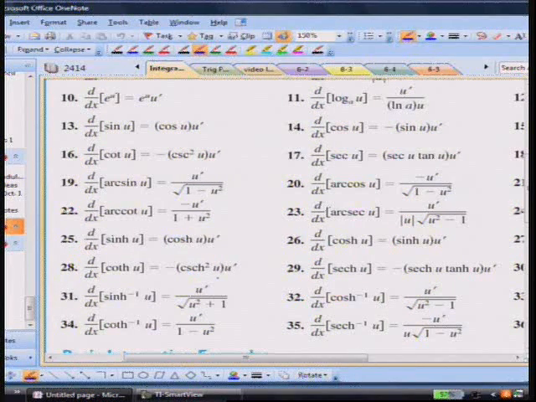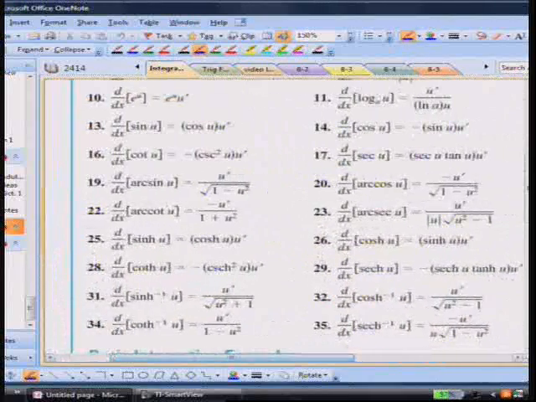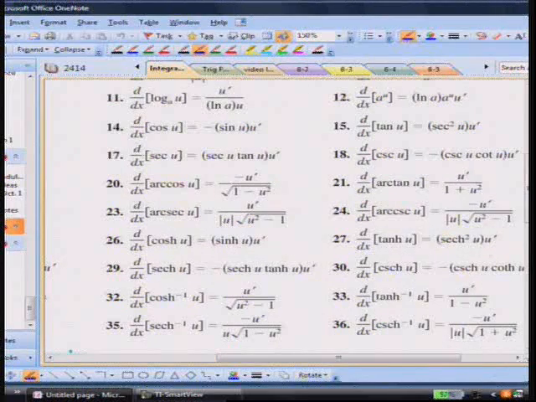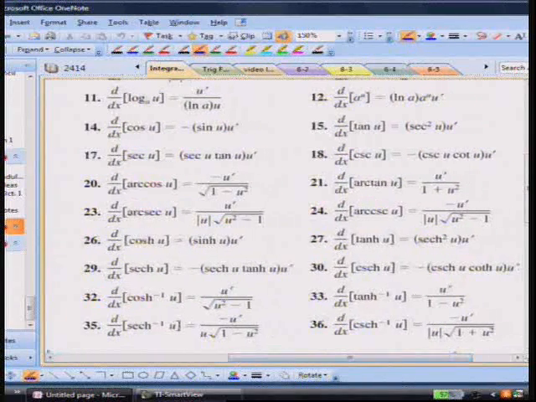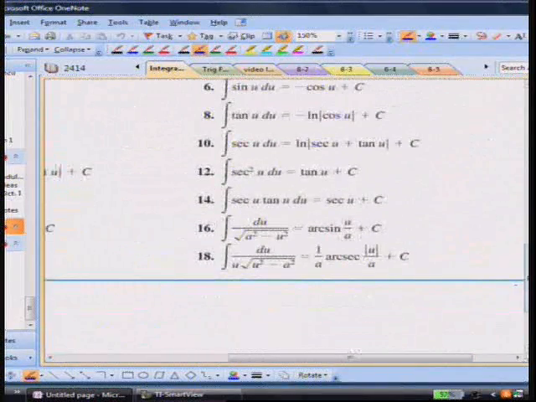That's why I like this derivative sheet better than the one he has available for you, because it's reminding you of that chain rule. Today you're going to learn 19 through 36, because we're going to do all the hyperbolics and then their inverse functions as well, and you'll see all of their derivatives there.